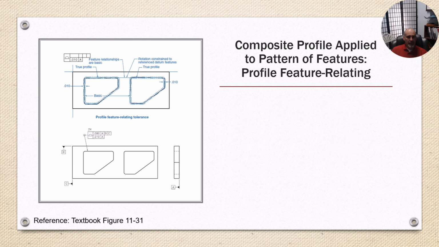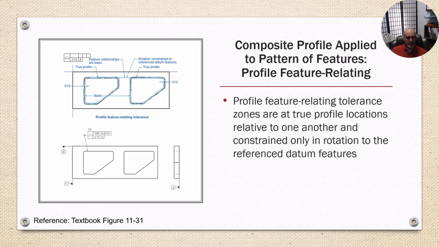Okay, and then the composite profile applied to pattern features, feature related, the lower one: the profile zones of the true profile locations relative to one another are constrained only in rotation to the reference datum features, but not to each other. So you could have one vary on one end of the tolerance and the other one vary to the opposite side.